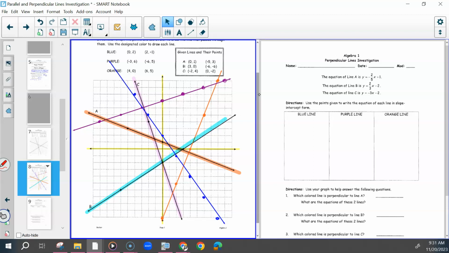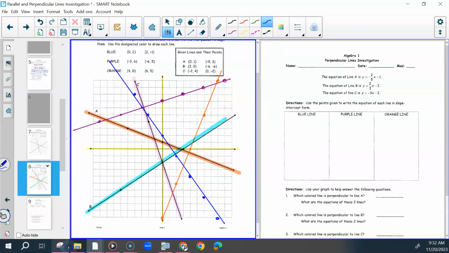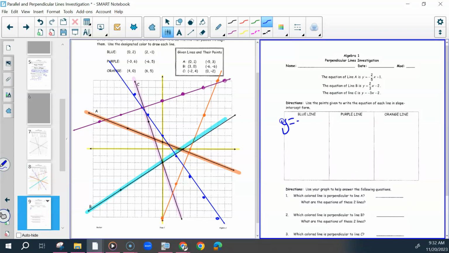So, equations of these 3 lines. For the blue line, it is going down 3 to the right 2. Our y-intercept is at 2. So y equals negative 3 over 2x plus 2.